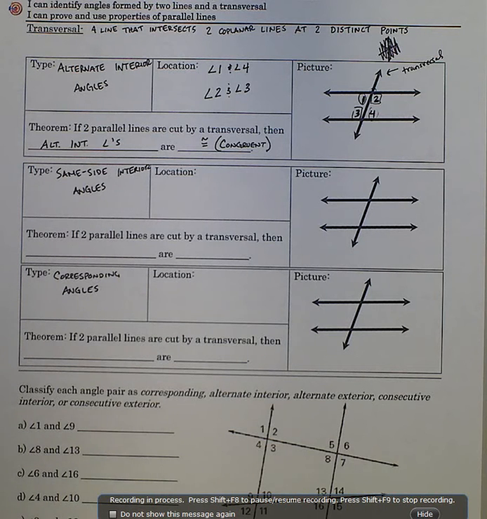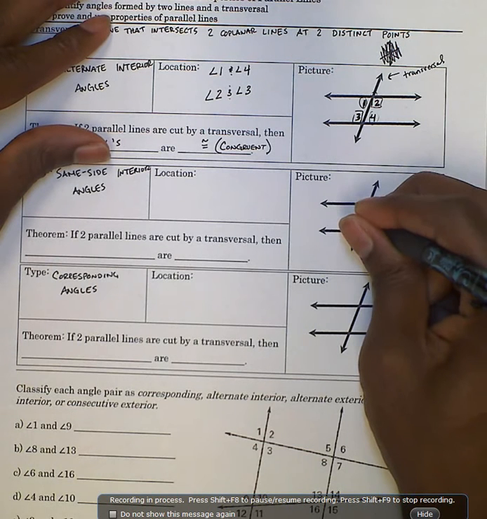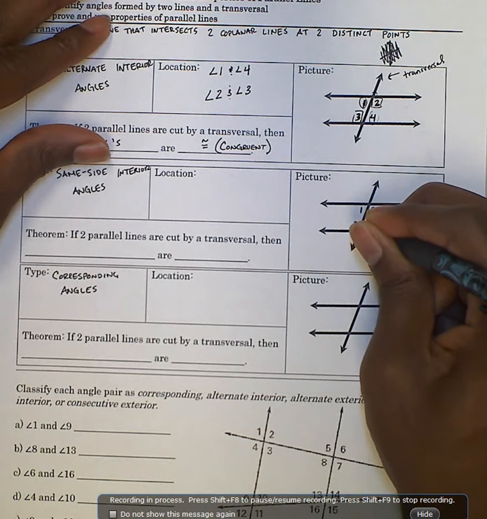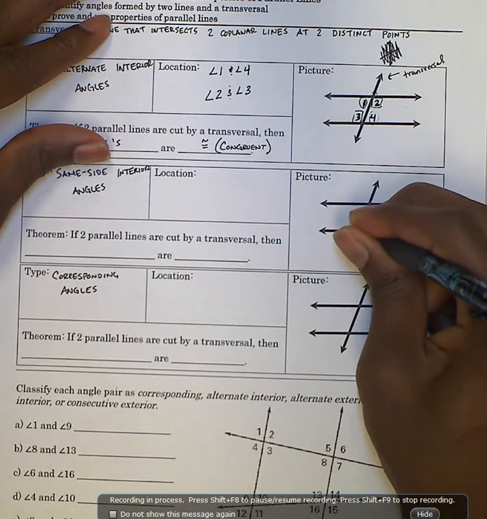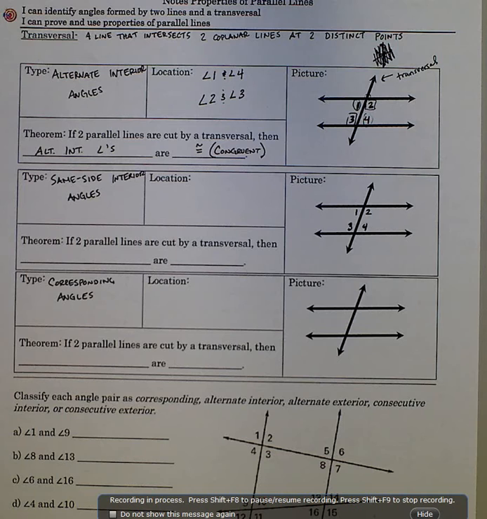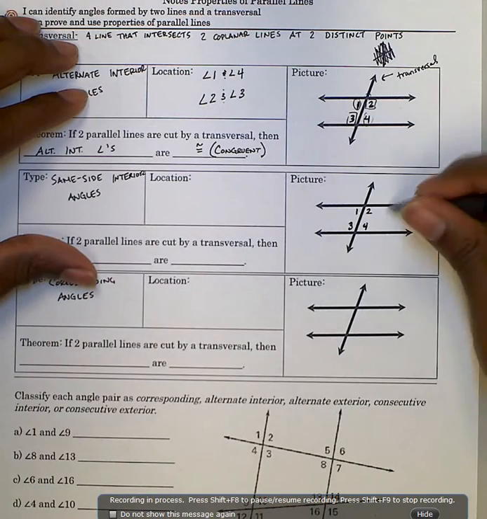Same side interior angles. I'm going to number these angles again the same way, 1, 2, 3, 4. These names aren't supposed to be tricky at all. Same side interior angles. These are the interior of these two lines, and on the same side of the transversal.